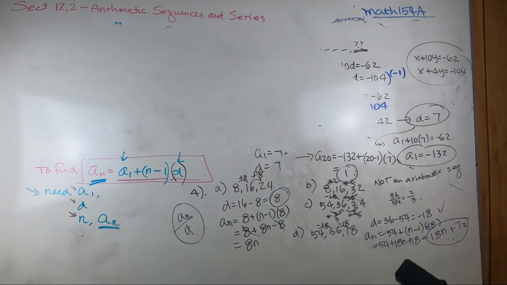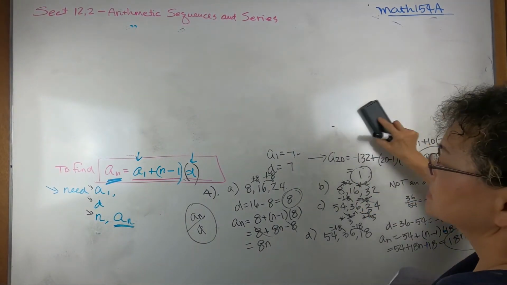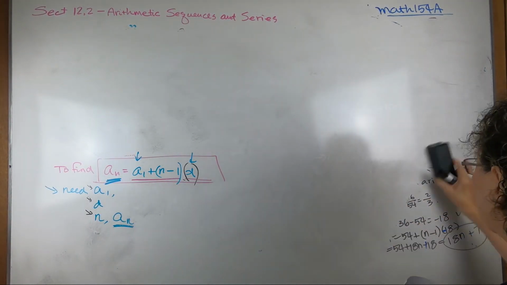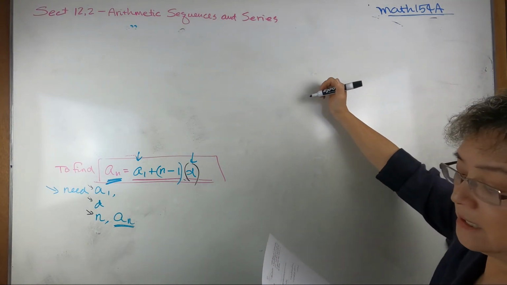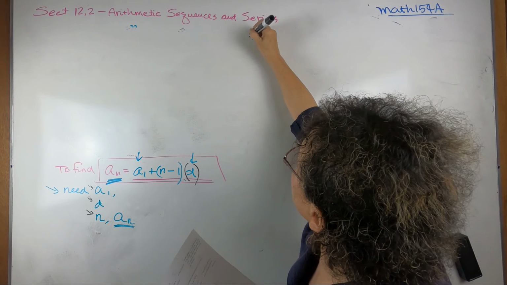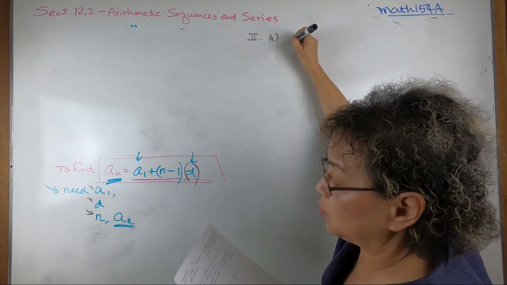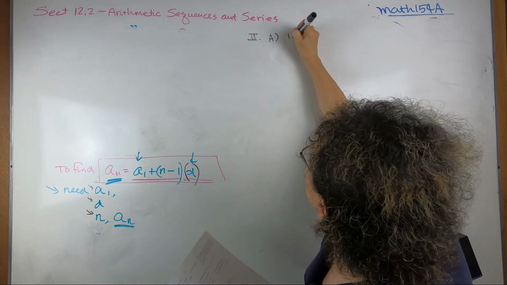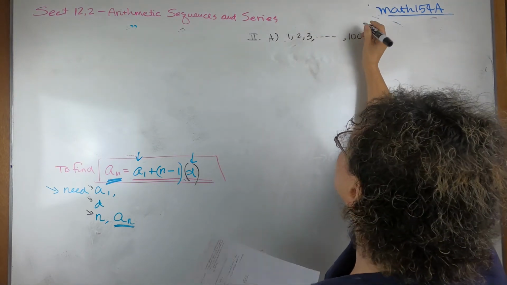Okay? Then we are going to do the series. So if we want to add all those numbers together, what will happen? Say you have 1 plus 2 plus 3, a sequence from 1 all the way to 100.